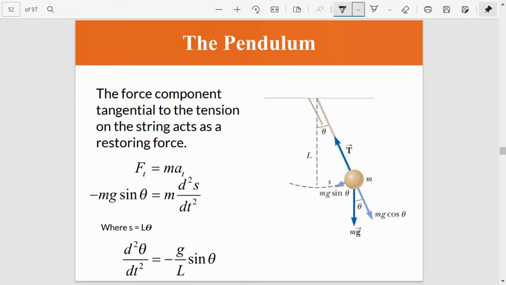Now, the arc length can be calculated, at whichever angle the pendulum is currently at from equilibrium, as the product of the length of the pendulum times the angle. So this formula, using Newton's second law, can be rewritten as a formula for the second derivative of the angle.